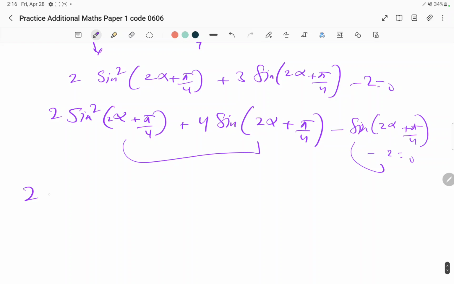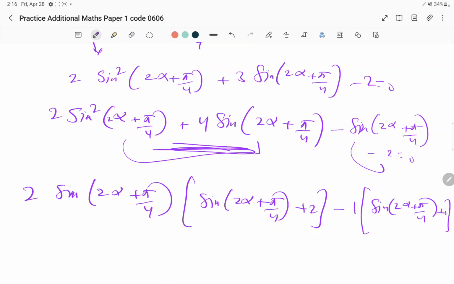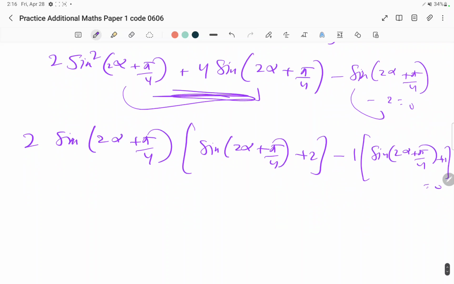So here we can take 2 sine (2 alpha plus pi over 4) common. Then sine (2 alpha plus pi over 4) plus 2 I will get from here. Then minus 1 I will take common. Then I will get sine (2 alpha plus pi over 4) plus 2 equals 0.